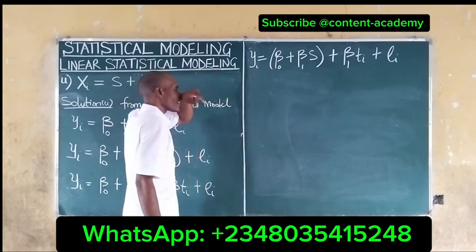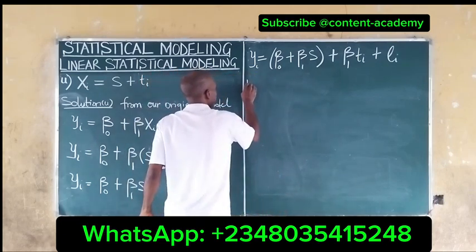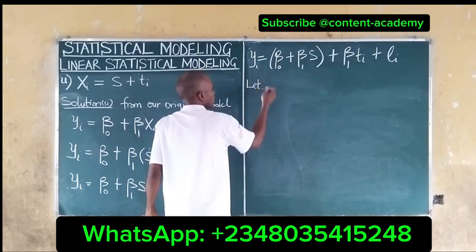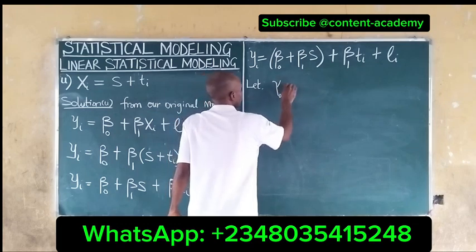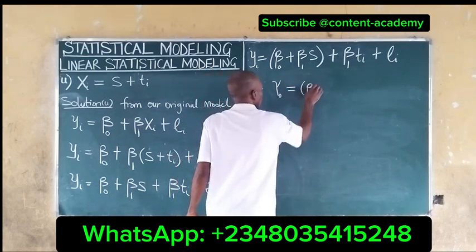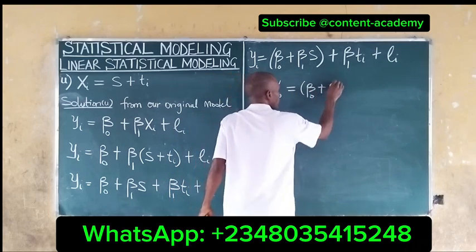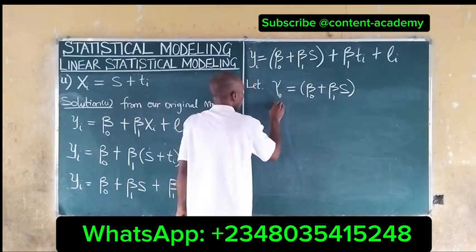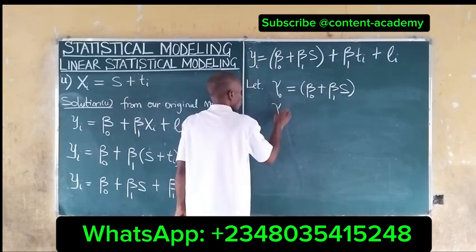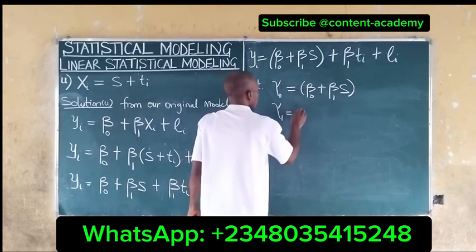Now, of course, we can arrange it properly. Let this be equal to b naught plus b1 x, because it's always necessary to arrange this properly.